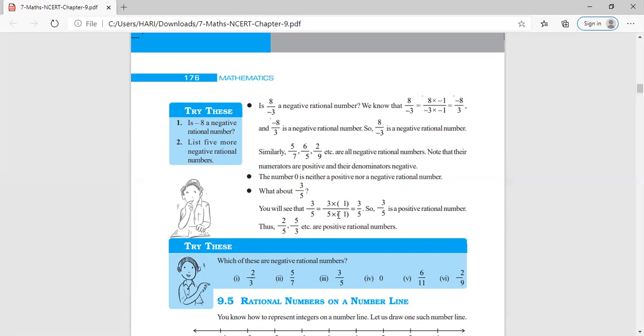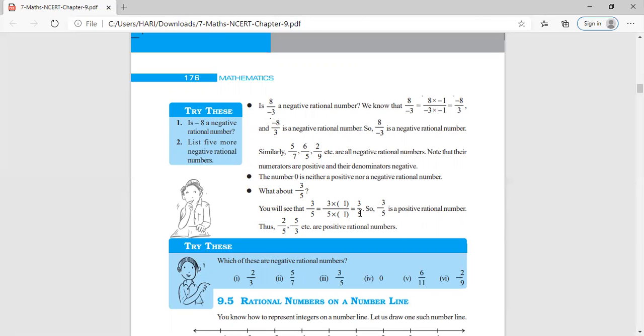Same way, minus 5 into minus 1 is going to be 5. So minus 3 by minus 5 is equal to 3 by 5. That means if both the numerator and denominator of a rational number are negative, then the rational number will be positive.